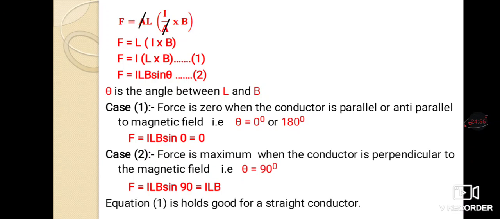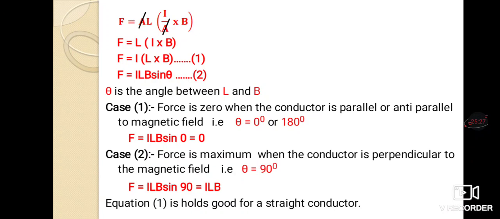This equation holds good only for a straight conductor, a straight rod or straight wire. But if the wire is of any arbitrary shape, it can be considered to be made up of a large number of linear strips of length dl.